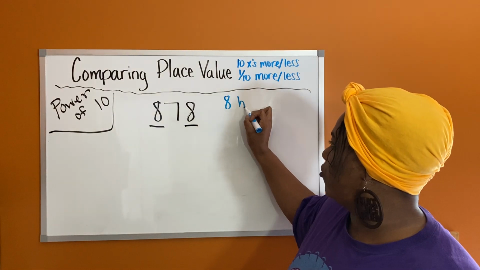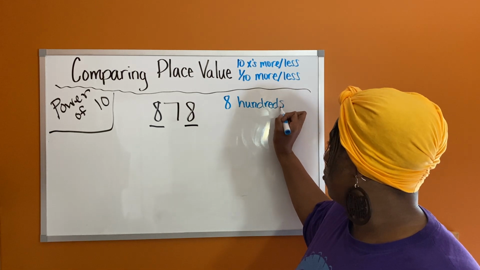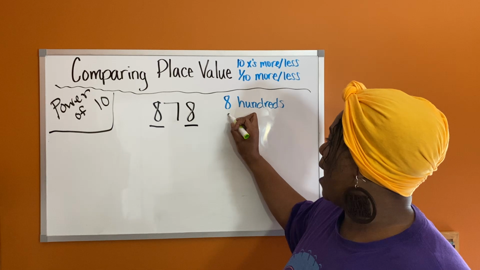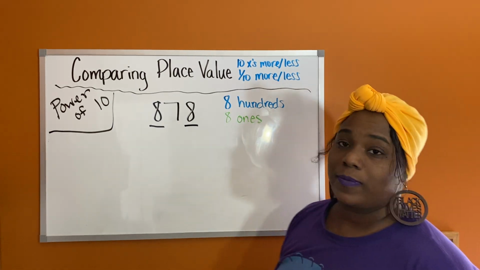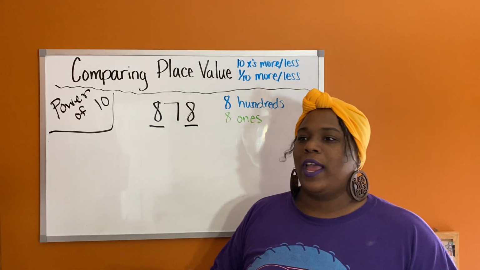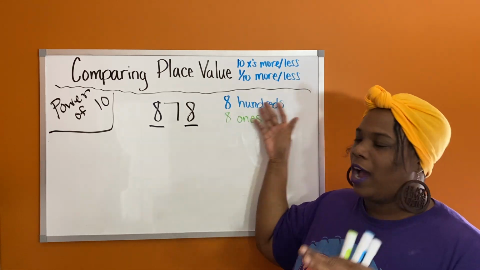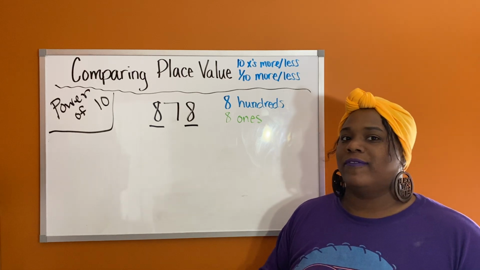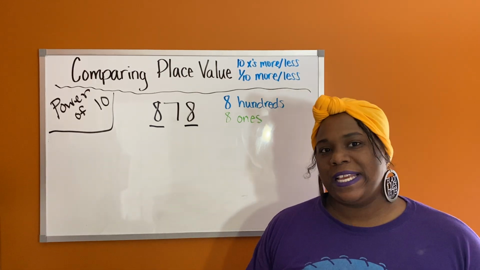So I have 8 hundreds and I have 8 ones. All right, you should be with me so far. All right, so right here, 800s is actually not written in number form here. It's a combination of number and word form because we're referencing its place value.